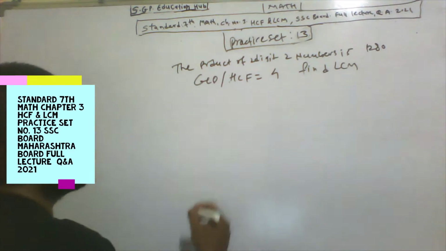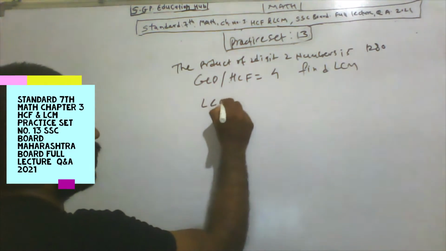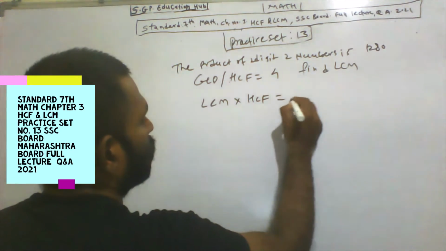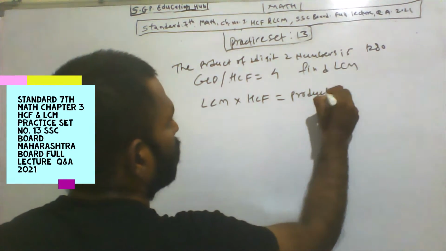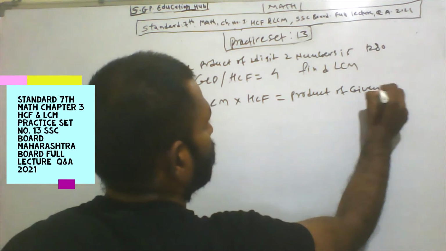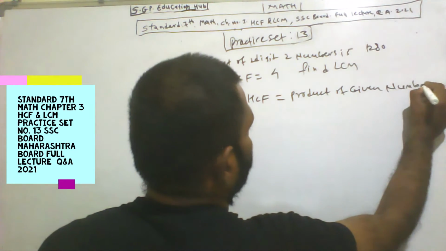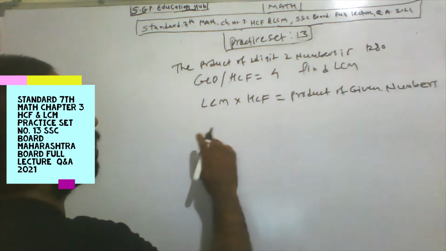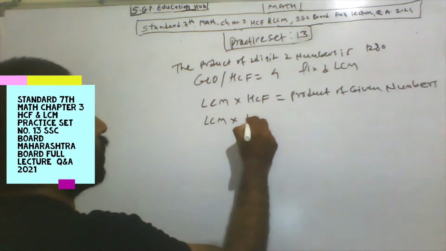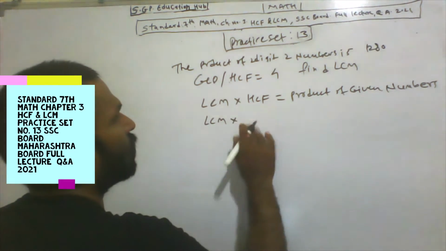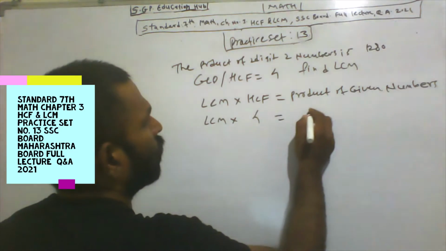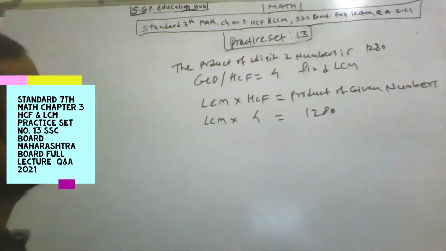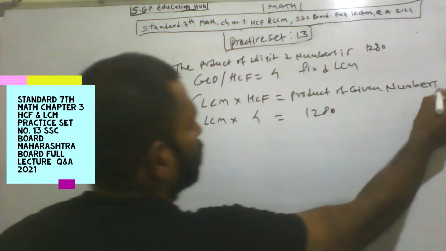Okay, the formula is LCM into HCF is equal to the product of the given numbers. We have the HCF as 4 and the product is 1280. We are putting the values in the formula.